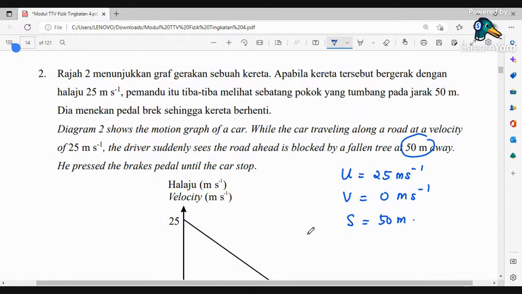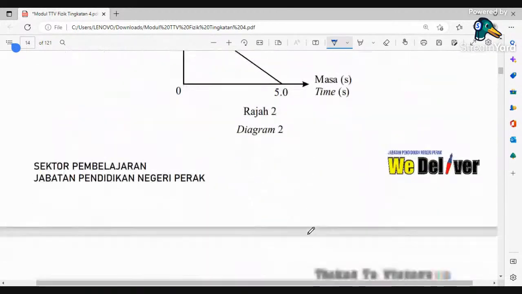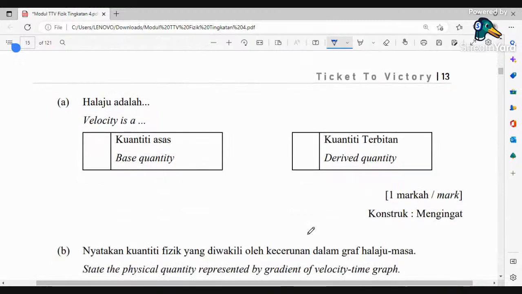Let's look at the question. Velocity: obviously the unit m s^-1 is already a combination of physical quantities, so it cannot be a base quantity. It should be derived. If you remember, there are only 7 base quantities, not including velocity, because velocity is a derived quantity.